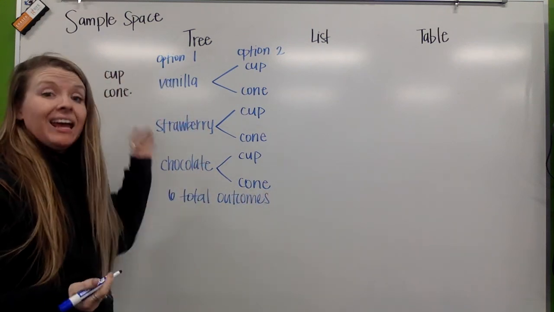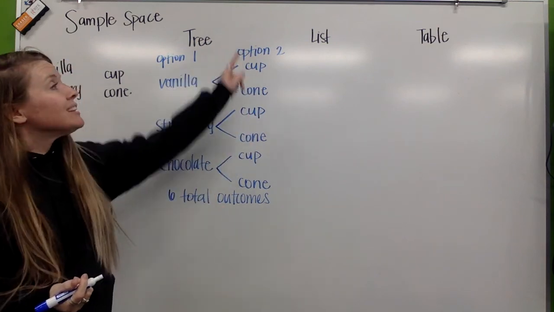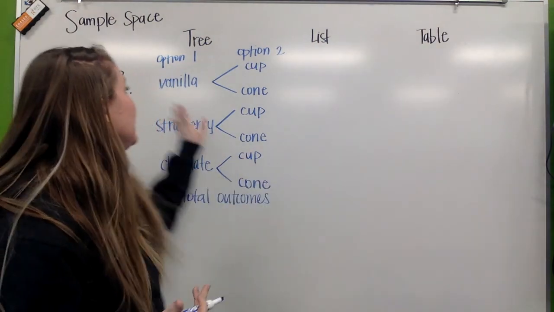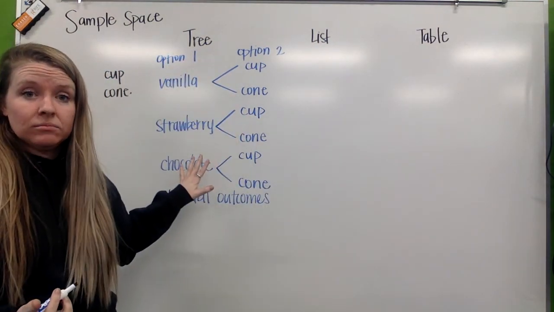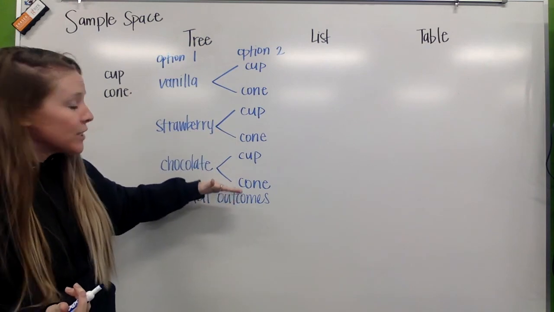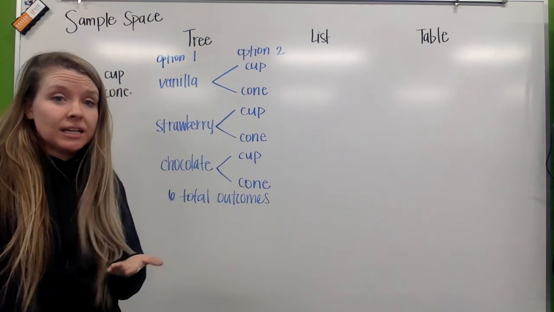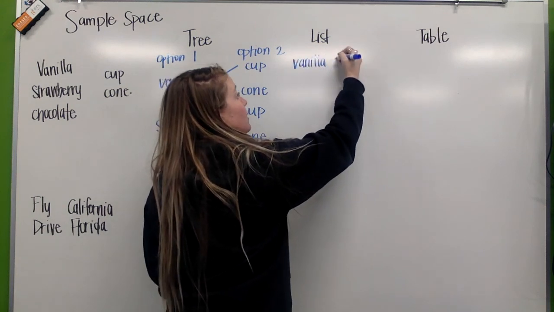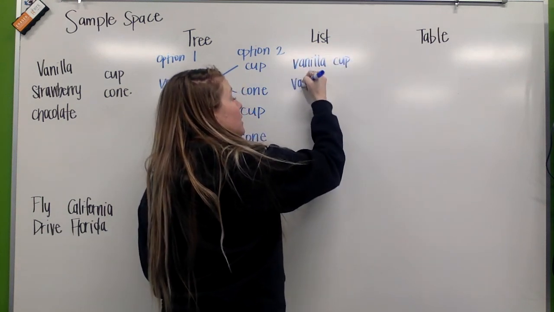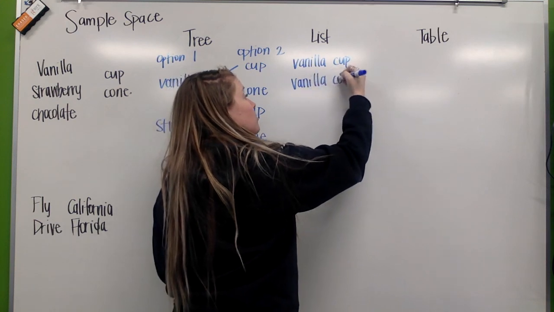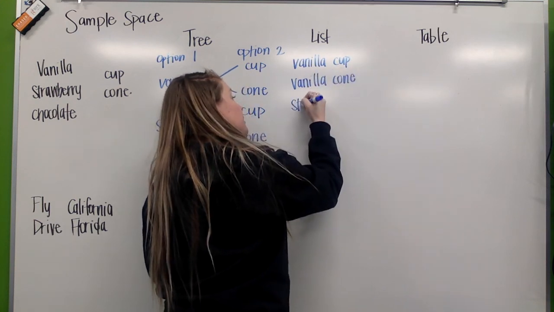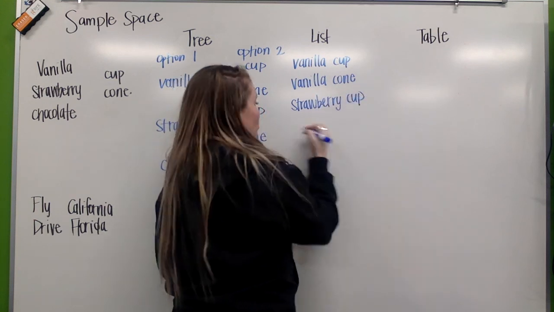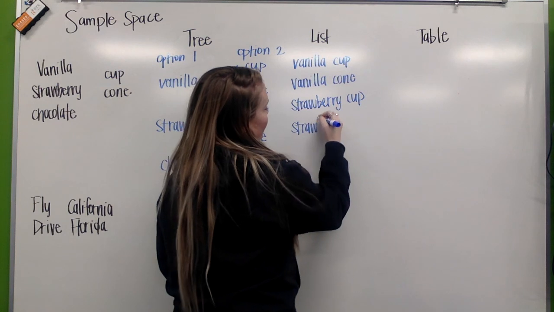Now that we know that, and we've already built our tree, our list representation is going to be pretty straightforward. It's just going to summarize what we see here. But instead of doing it as a tree diagram, I'm literally going to list my options, which would be vanilla in a cup or vanilla in a cone, strawberry in a cup or strawberry in a cone.